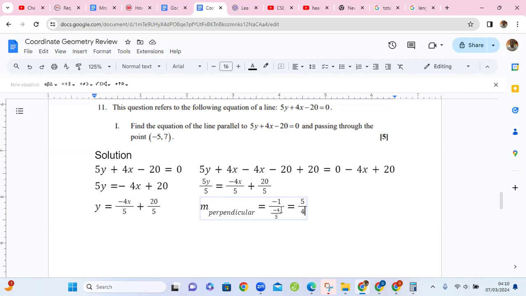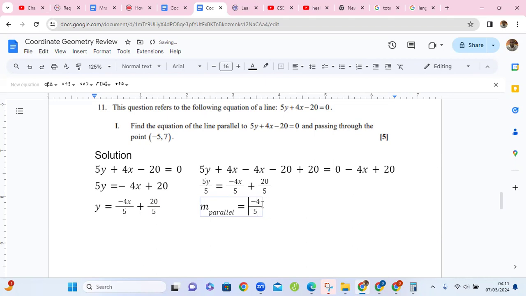Okay, so the gradient of the parallel line is the same, minus 4 over 5. Sorry about that.